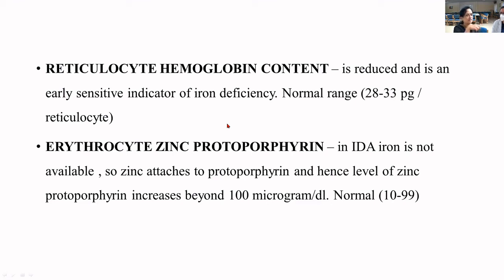Then I sent her to St. John's Medical College. She stays nearby, and got all the investigations done. It was a typical iron deficiency anemia, and she responded so well to oral iron. I was so happy seeing the child recover. She was just a 10 or 11-year-old girl.